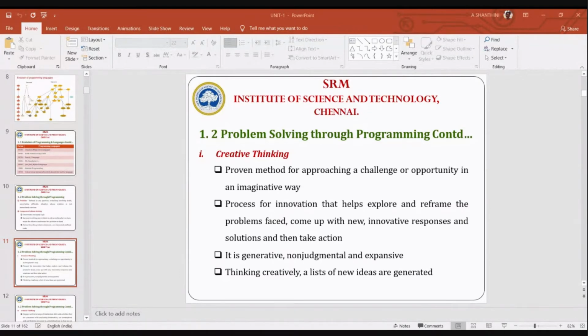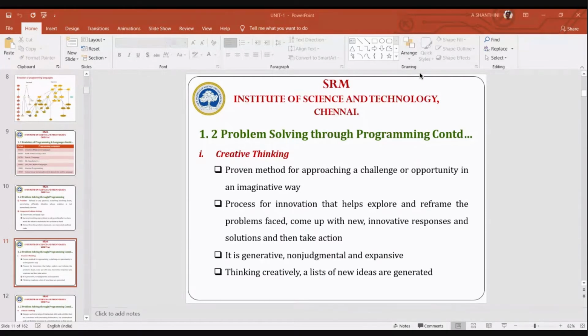Okay, so there are a few exercises that we can do when we find time, when you are continuously sitting for 2 hours, that time we can do some small activities. That we will see later. Now next we will go on to the next part after creative thinking.